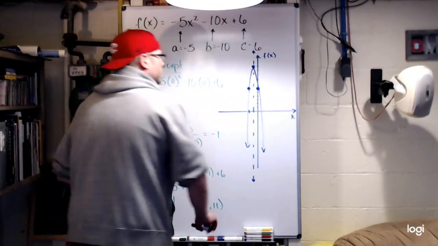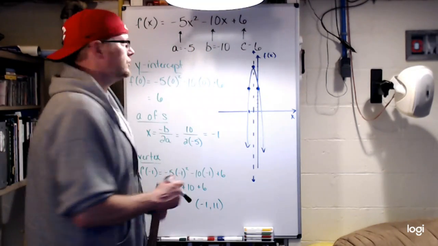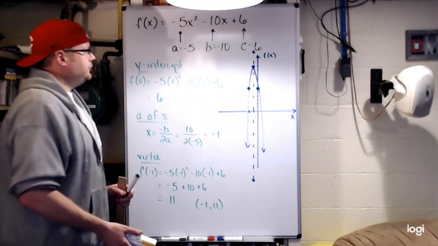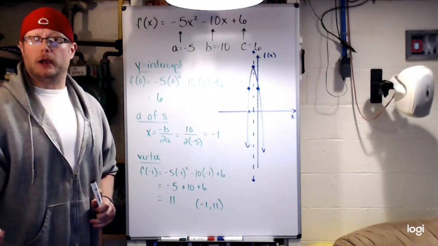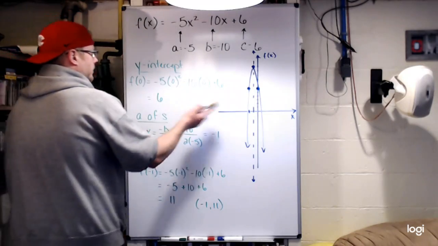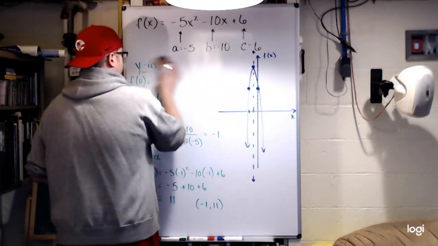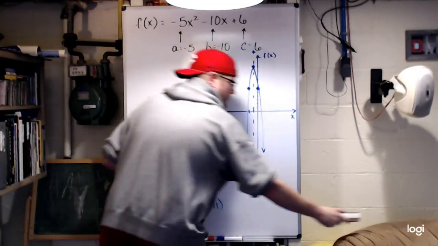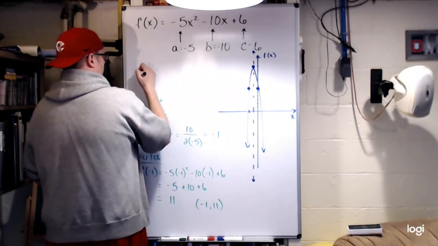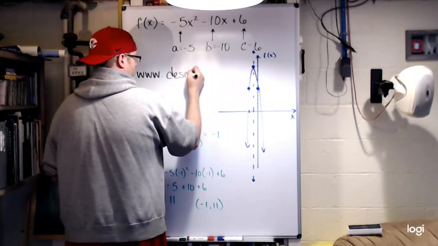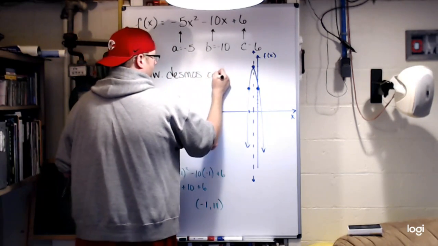Let me actually throw this up there, and I'll also toss it down in the description for you. A great website to go to if you want to check your work and you actually want to plug it into a graphing calculator. I'm going to erase this right here so I can put the website up here. It is www.desmos.com.